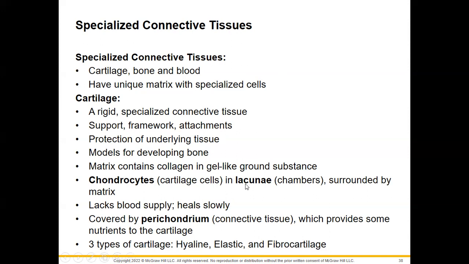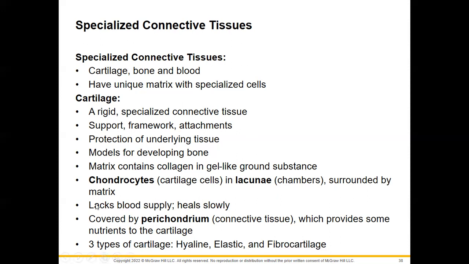If you think about a dry bed lake, a lake that has no water in it, it's like a big cup in the ground that will store that water. A lacuna is going to be like a little depression in this cartilage that's going to house the chondrocyte. The chondrocyte in its lacuna is then going to be surrounded by the matrix of the cartilage.